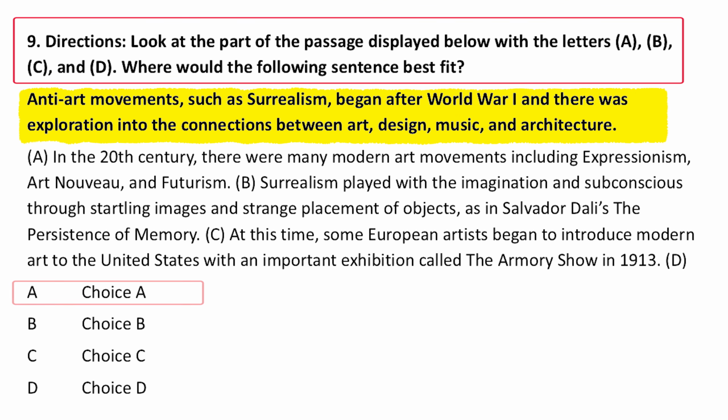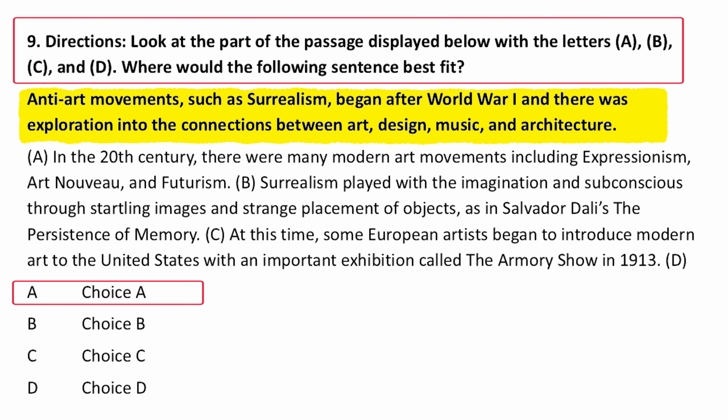Choice A. The first sentence says, in the 20th century, there were many modern art movements, including Expressionism, Art Nouveau, and Futurism. This sentence is a general introduction to several movements: Expressionism, Art Nouveau, Futurism. If we chose A, we'd be jumping straight into surrealism before the paragraph even sets the stage.